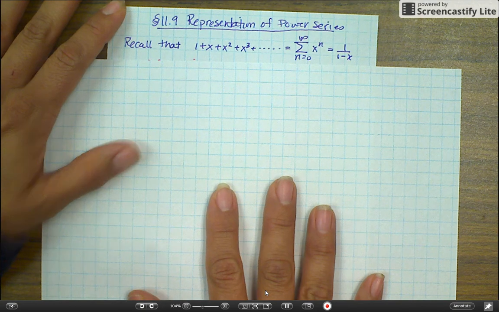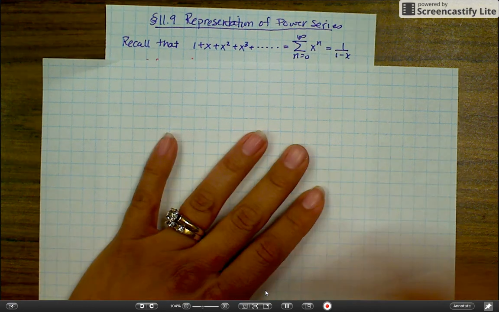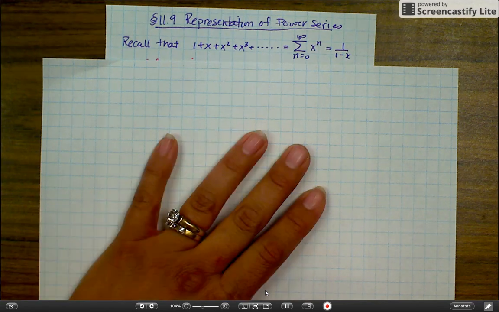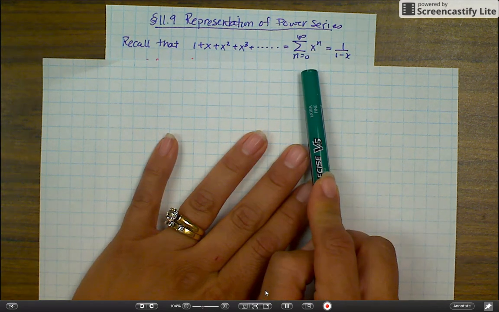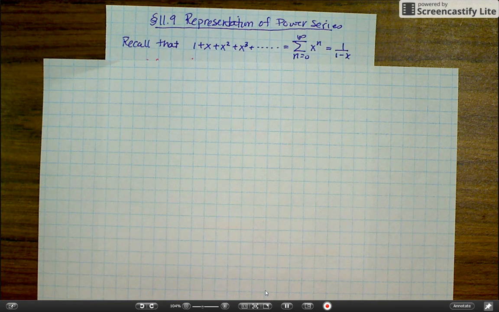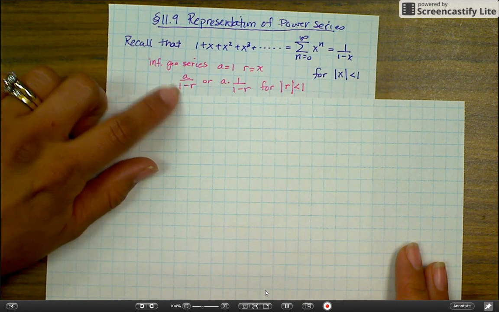So let's recall this expression that we talked about in 11.8. We have this expansion 1 plus x plus x squared plus and so on, which essentially is the sum from n equals 0 to infinity of x to the n power. And we realized that this is an infinite geometric series, and so we use the formula a divided by 1 minus r.